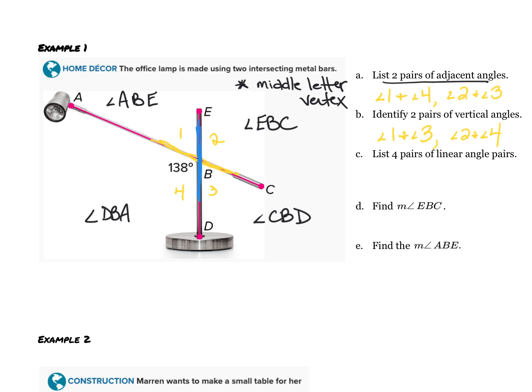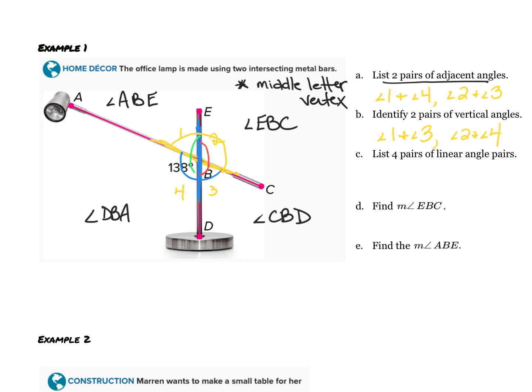Then we have 1 and 4. So we had 3 and 4. We've got 1 and 2. We also have 2 and 3. And then we also have 1 and 4. So those are our 4 pairs.